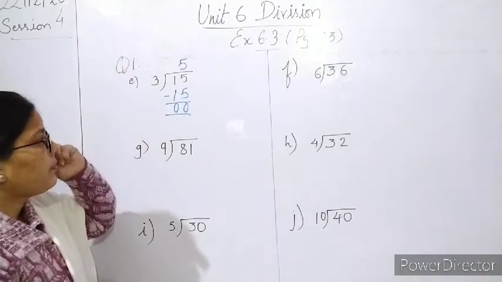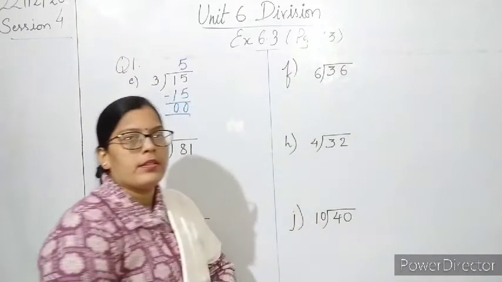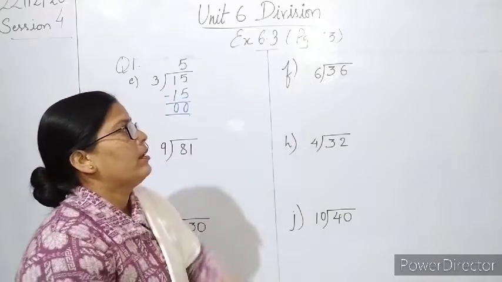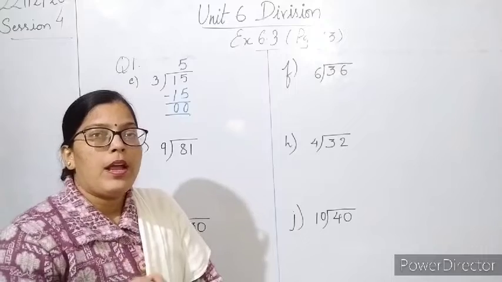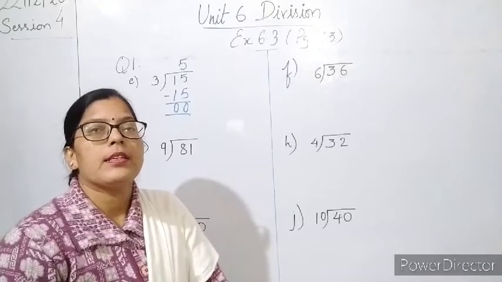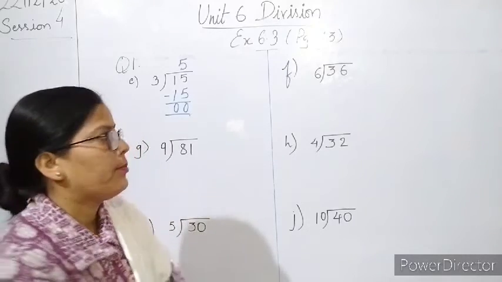Now question number F. 36 divided by 6. When you recall the table of 6, by how many times do you get 36 in the table of 6? It is 6 times. 6 sixes are 36.